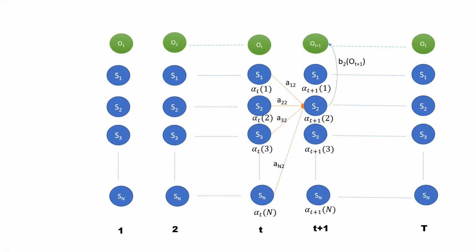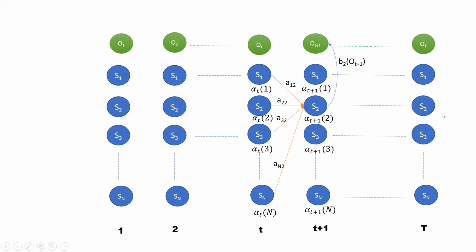So now the probability of emitting OT plus 1 by S2 is determined by this summed value alpha t plus 1 of 2 into B2, the emission probability of OT plus 1. So similarly, we have the values for all.